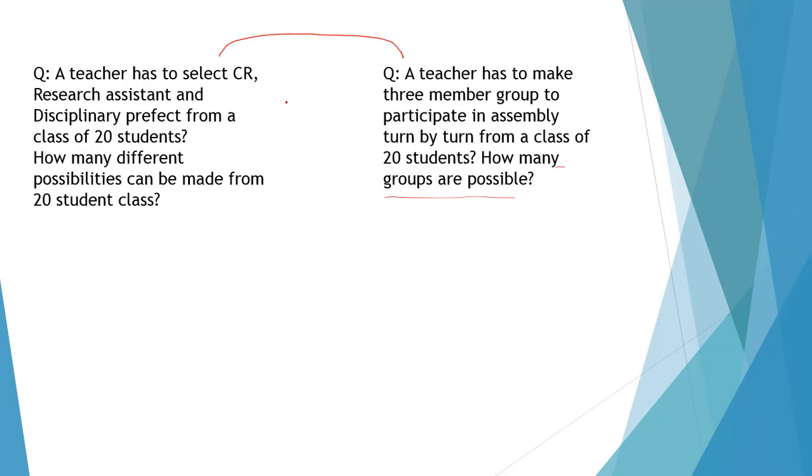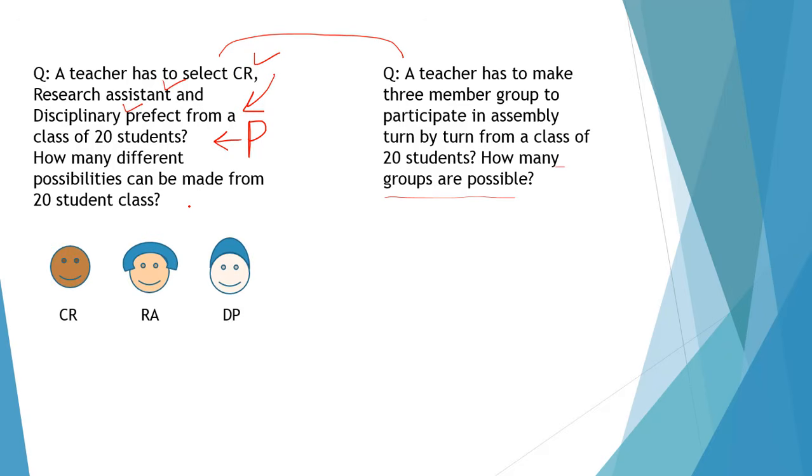How many groups are possible? This is a permutation question. CR, research assistant and disciplinary prefect are creating different identities. Changing the order is actually changing the roles and thus creating a new permutation. Solve these questions on your own.